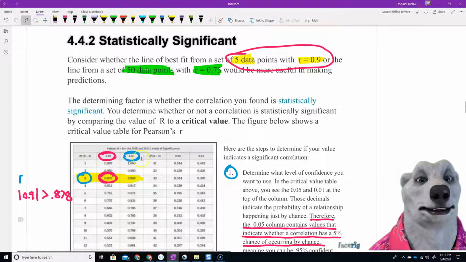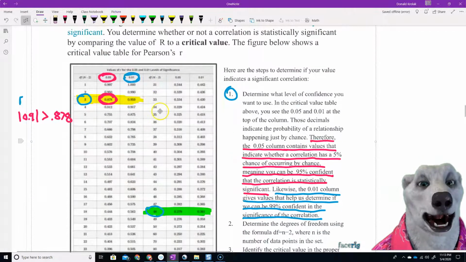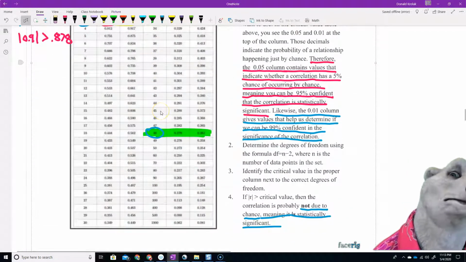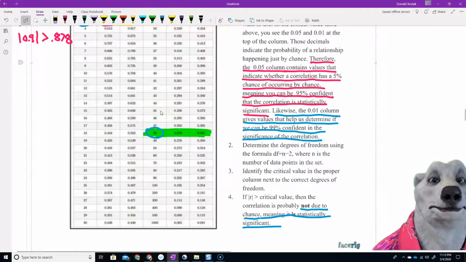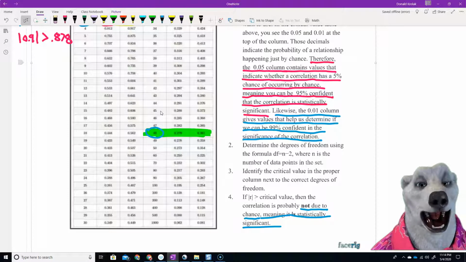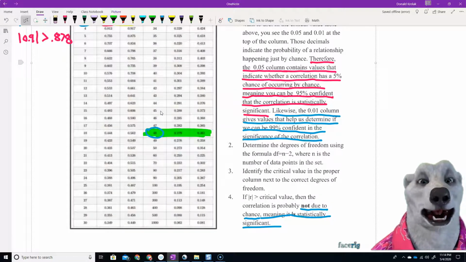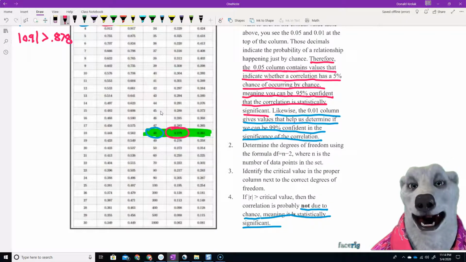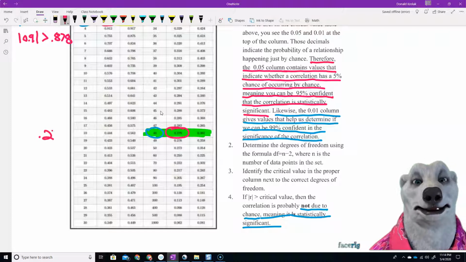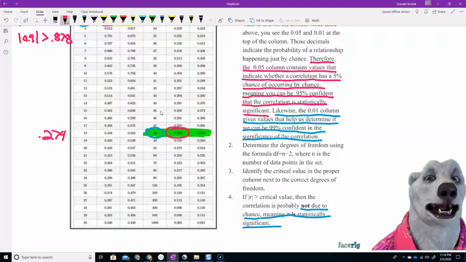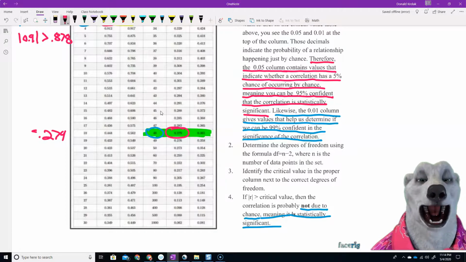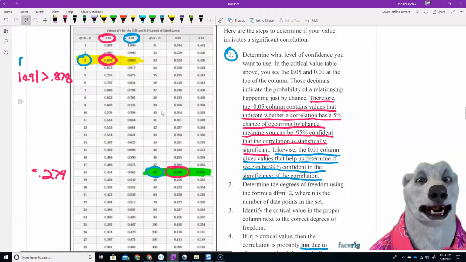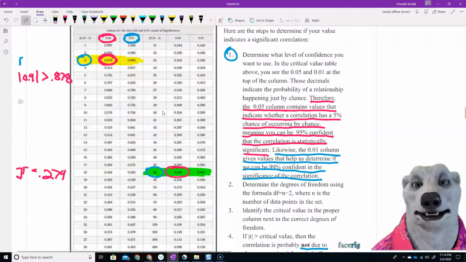All right, now let's take a look at our 50 data point one. To be statistically significant, our R value only has to be greater than 0.279. That ain't much. So ours was 0.75. Plenty.